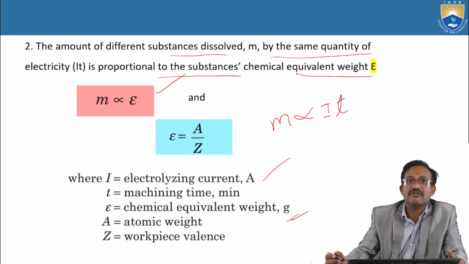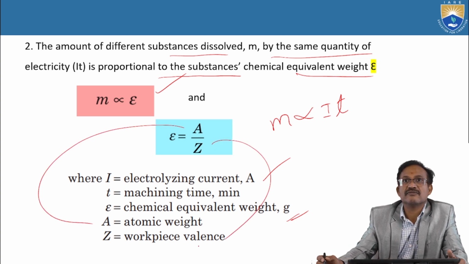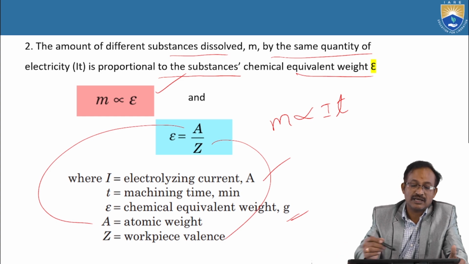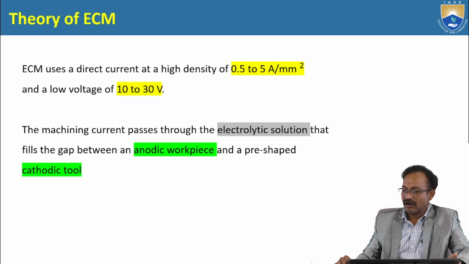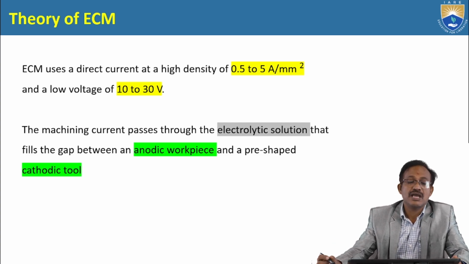A means atomic weight, and Z means workpiece valence. So the second Faraday law implies that M is directly proportional to zeta, and zeta equals A by Z.